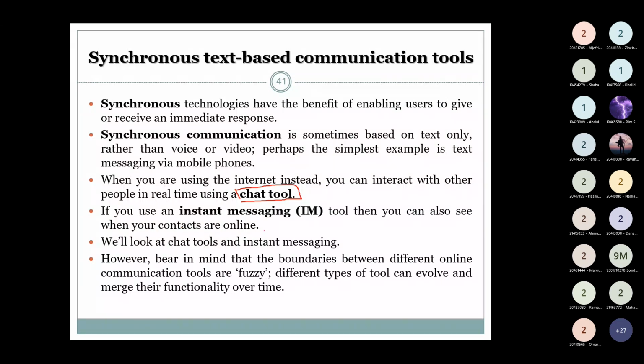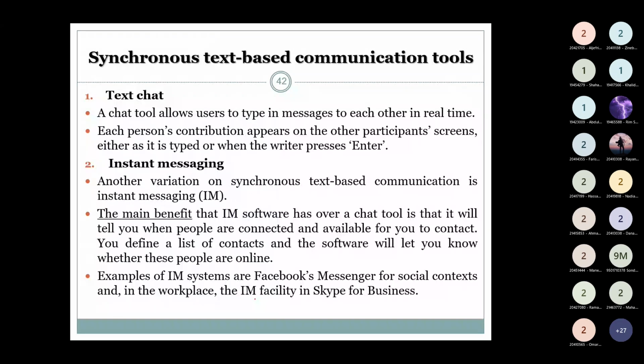So you will look at chat tools and instant messaging. However, bear in mind that the boundaries between different online communication tools are fuzzy. Different types of tool can evolve and merge their functionality over time. These are examples of synchronous text-based communication tools: text chat, instant messaging, and video and web conferencing.